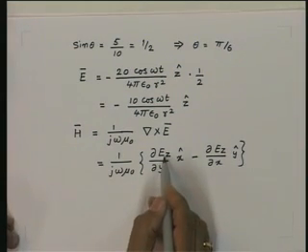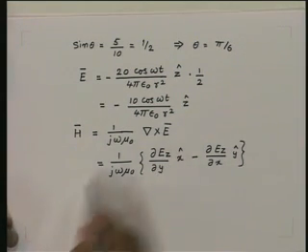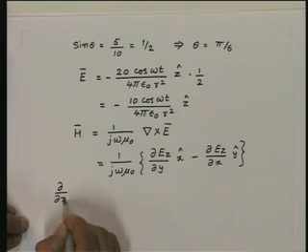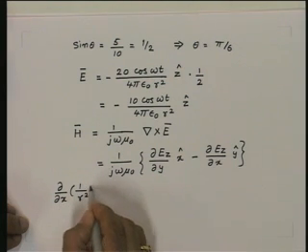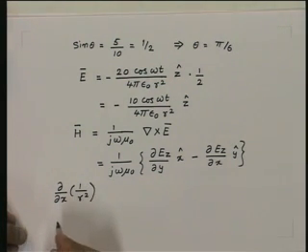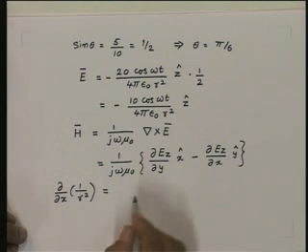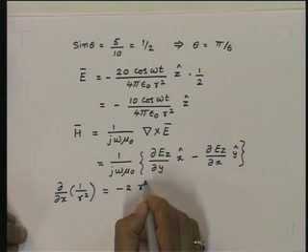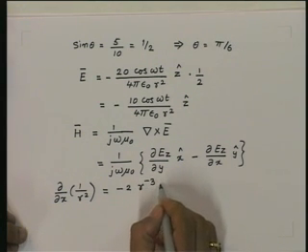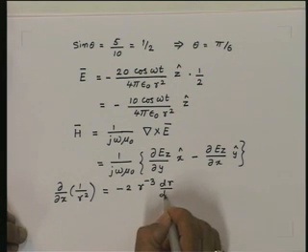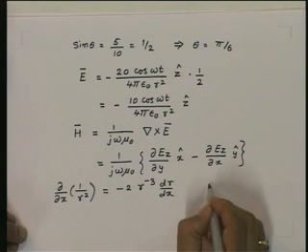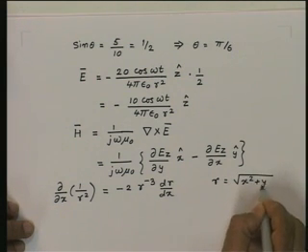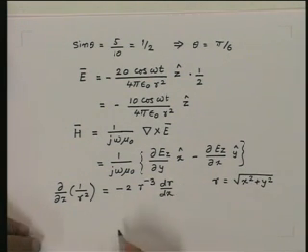Now, when I differentiate this quantity with respect to x or y, I have this term here, 1 over r square. So, I require d by dx of 1 upon r square, which will be nothing but minus 2 r to the power minus 3 times dr by dx, and since r is square root of x square plus y square, this quantity will be x upon r.